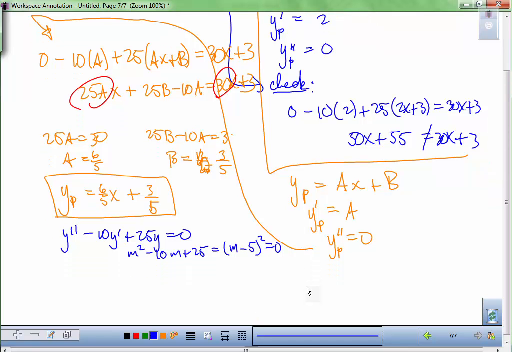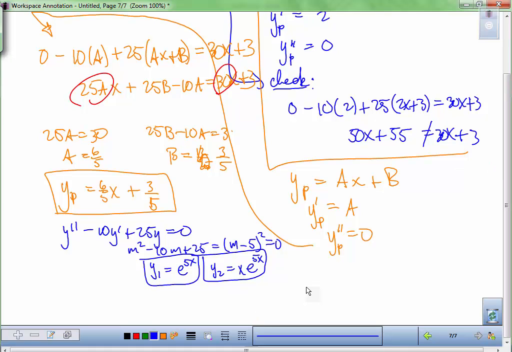And so now we got y1, our first fundamental solution, is e to the 5x, and y2, because it's the same function, you have to tack on another x in it, and then now we have linearly independent fundamental solutions. And so these 3 things in boxes can just be strung together as your general solution.